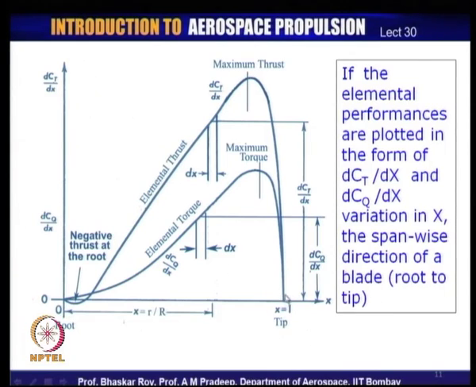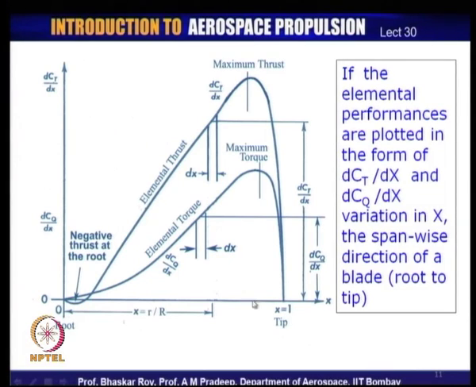However, near the tip of the propeller, again as we can see, the torque and the thrust dip very fast. So, very near the tip of the propeller, the tip flow highly influences the propeller elemental behavior there, and you are unlikely to get much thrust contribution from the tip area.